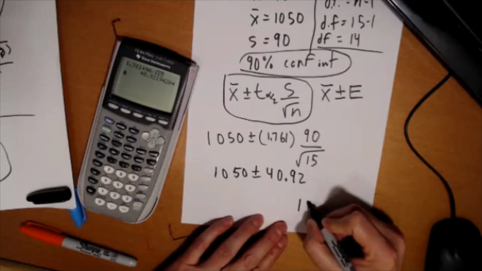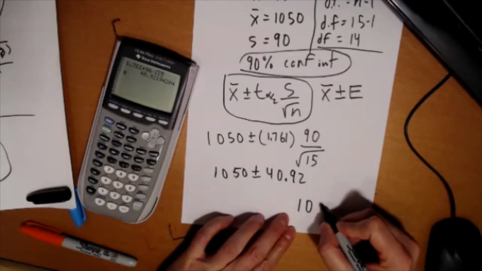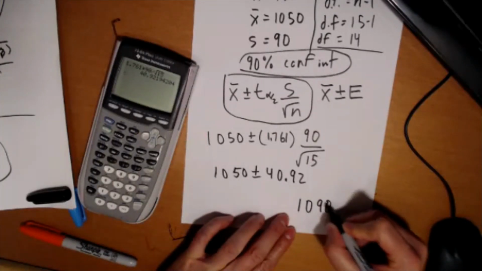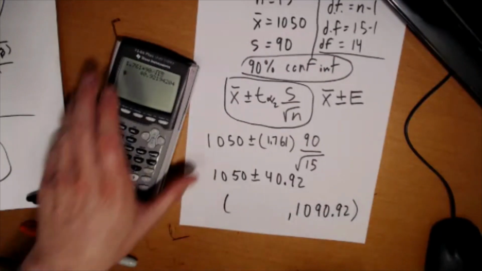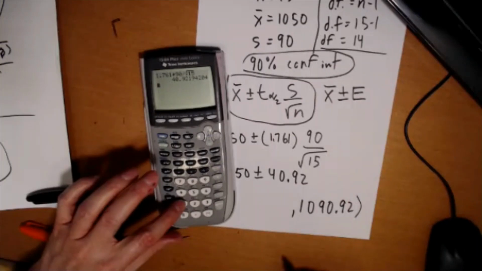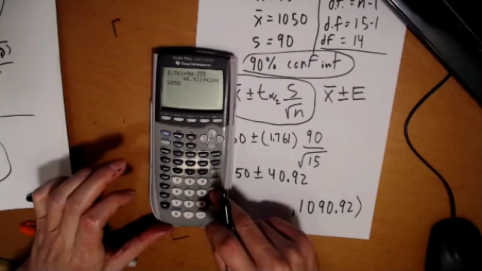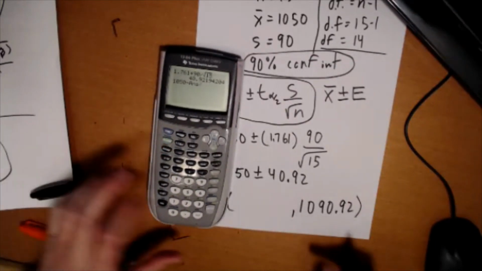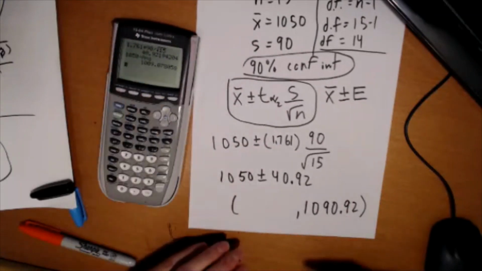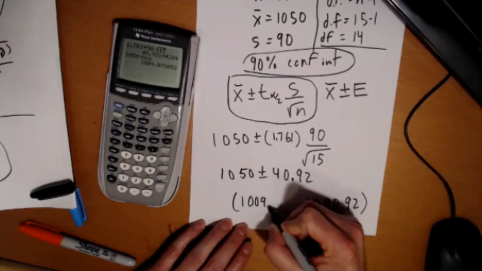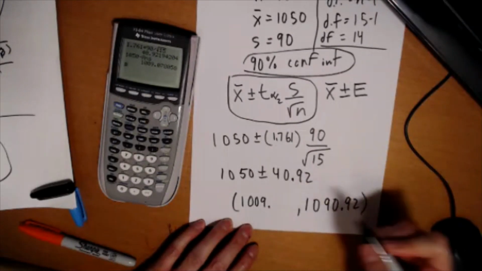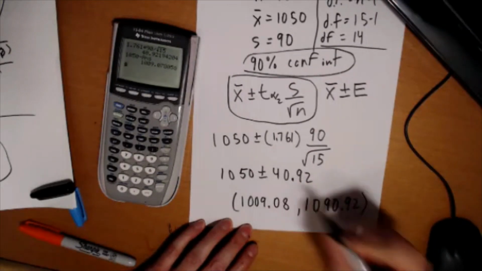If I add that, I get 1090.92. Hopefully I got that right. And then 1050 minus that answer, I get 1009.08. I'm rounding to the nearest penny.